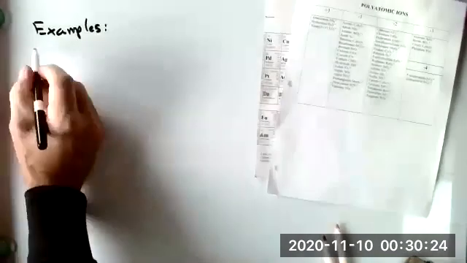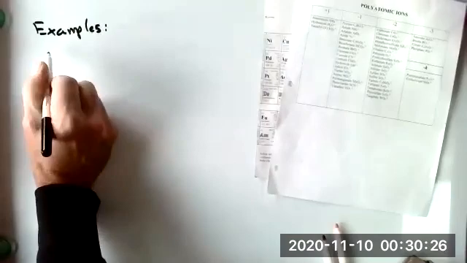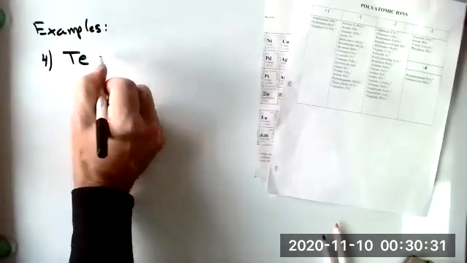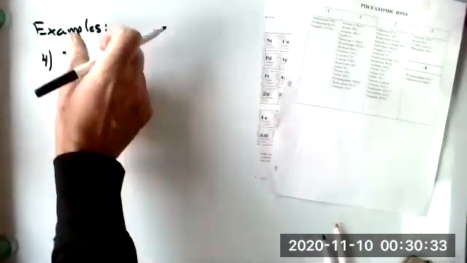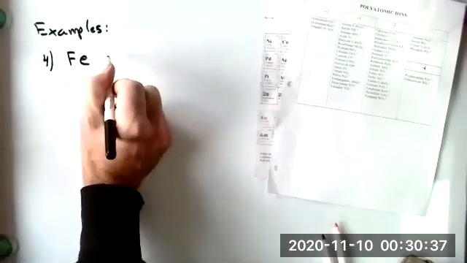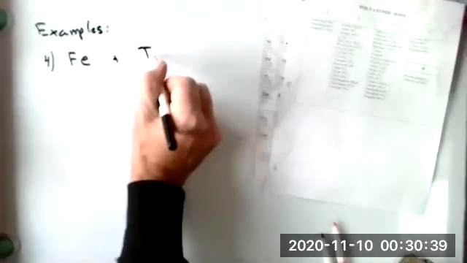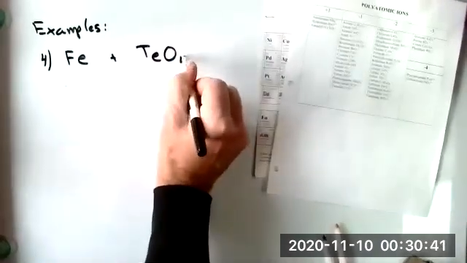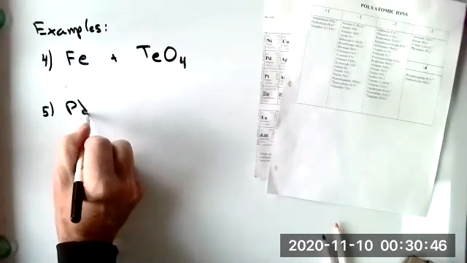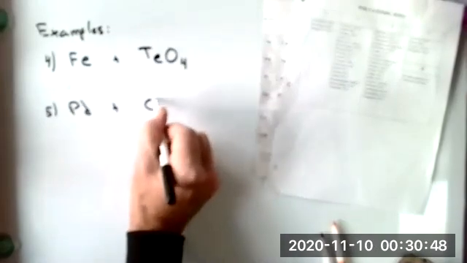So number 4, let's go Fe. Sorry, I don't want to use two of them. Let's go iron, because I want Te here. 5. How about some palladium and some chlorate?